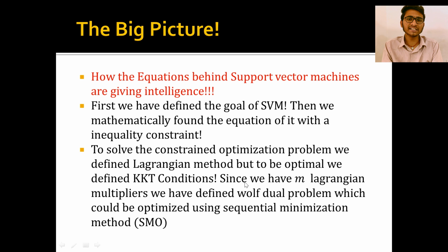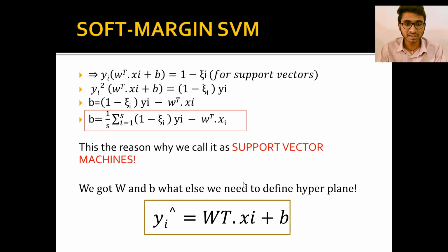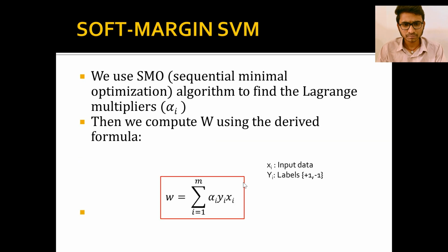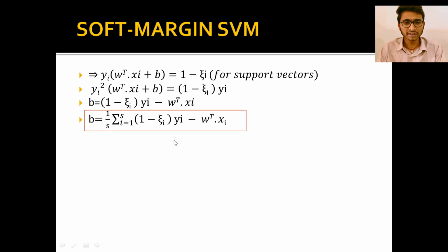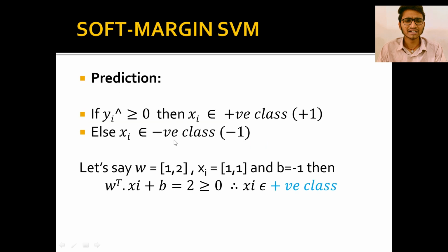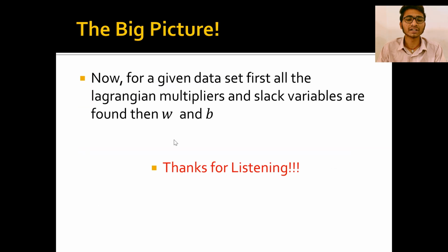If a new data set is given, first Lagrange multipliers would be found using the optimization. Then we find the support vectors and the slack variables, then we get W, the sum of alpha i, y i, x i. Then we get B. That's it. That's how support vector machines work, guys.